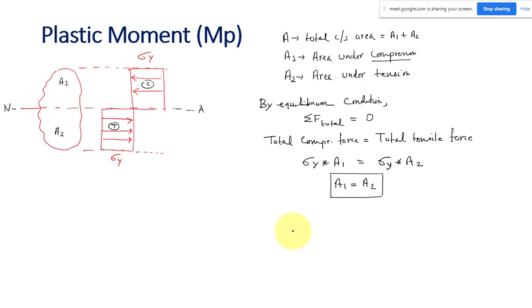Okay. This condition may not be satisfied in the elastic state if your section is unsymmetric. That is why, if your section is unsymmetric, your elastic and plastic neutral axis locations will be different.